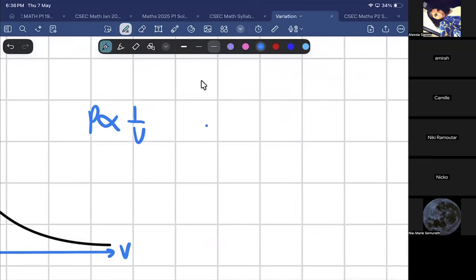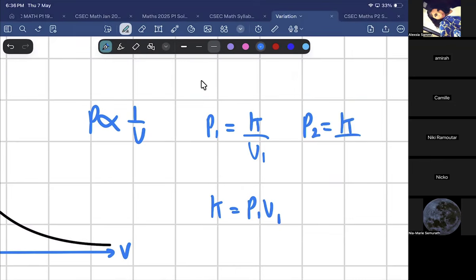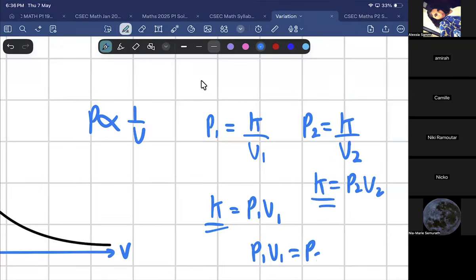Watch this real fast. That's how they come up with the formula for Boyle's law.